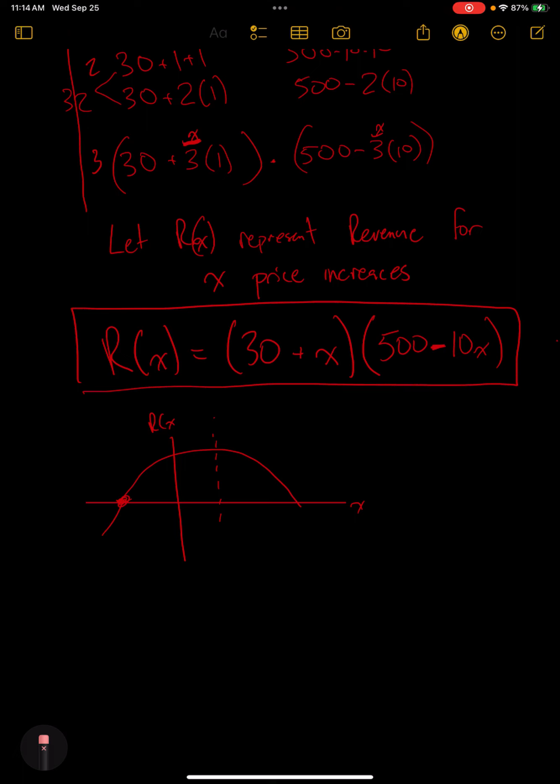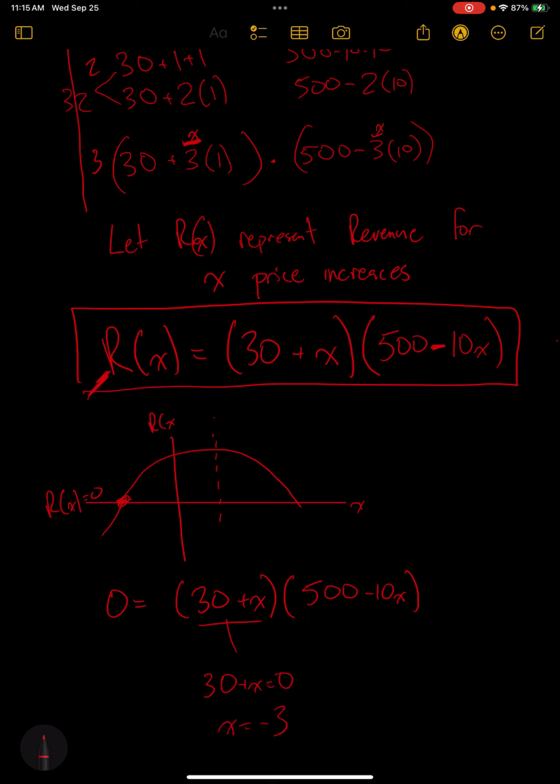Okay, so find the zeros. At R of x equals 0, we have 0 equals 30 plus x times 500 minus 10x. That's factored form, so it gives me the zeros. 30 plus x equals 0, or x equals minus 30.